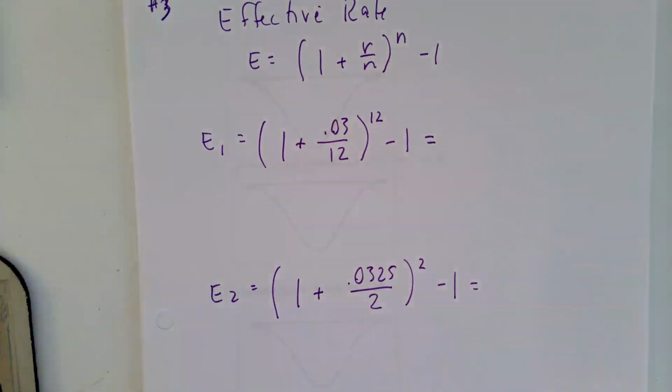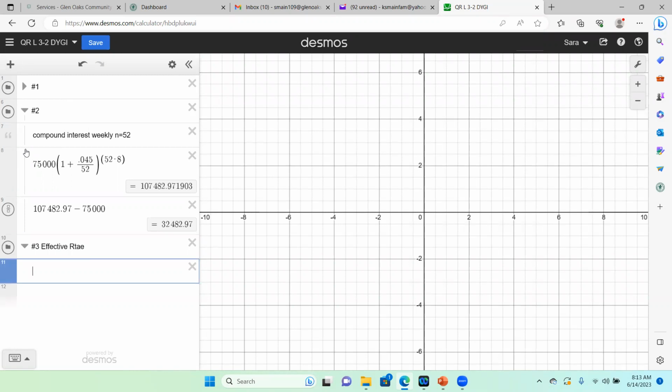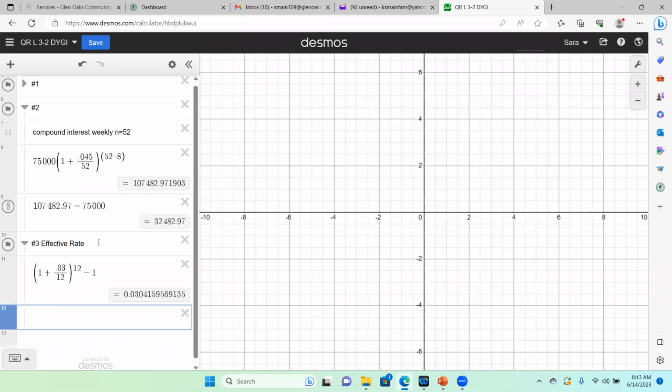So let's head to Desmos to compare these two. So the first one, the effective rate is 0.0304.